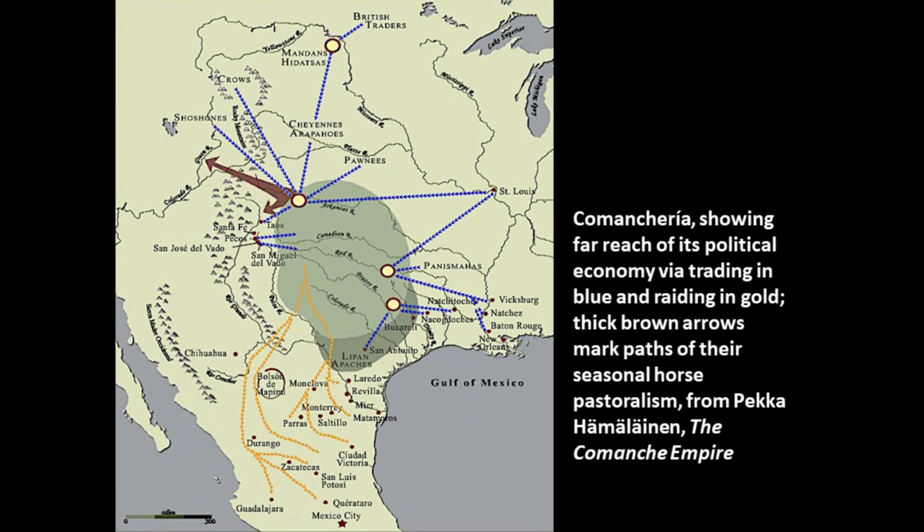So McGirt does not return any lands in Oklahoma that had once been part of the Creek Nation to the Creek Nation. It just recognizes their sovereign jurisdiction over that land, in accompaniment with the state of Oklahoma. So in a sense, it's putting them on par with the state of Oklahoma. What's very interesting to think about is that sovereignty today often doesn't have to have that land-based accompaniment to be real.